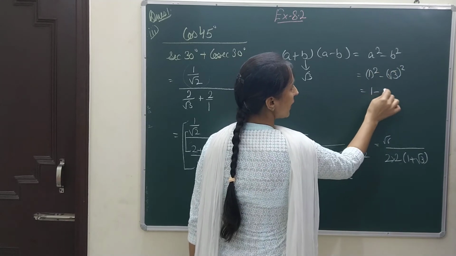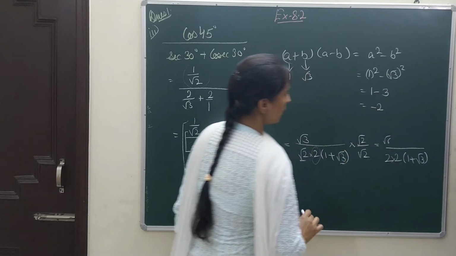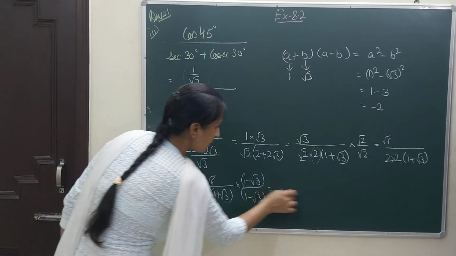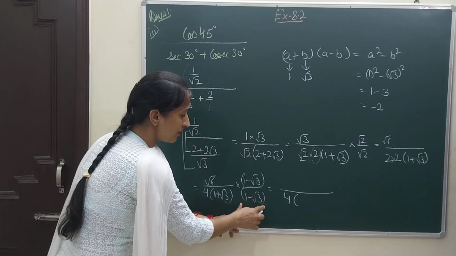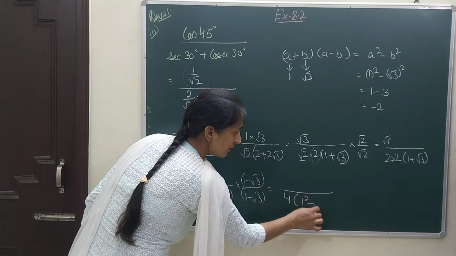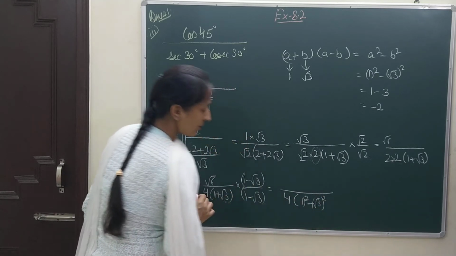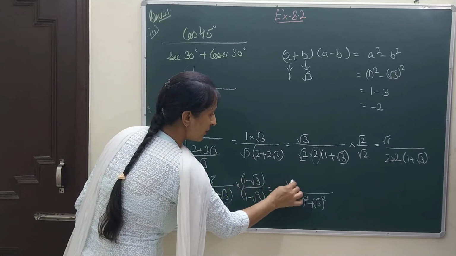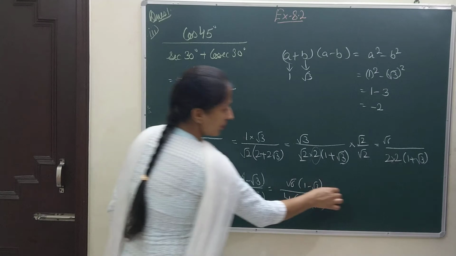It will be 1 minus root 3 square, which is 3. That means minus 2. So what will I be writing here? I will be writing 4. And when (a plus b)(a minus b) is done, it will be a square minus root 3 square. Okay. And in the numerator, it will be root 6 times (1 minus root 3).